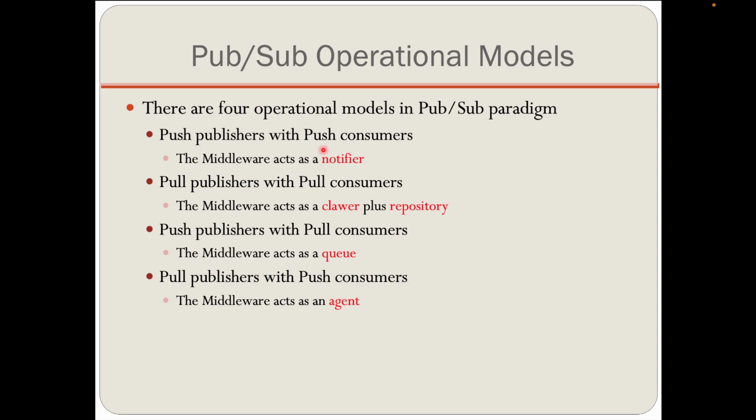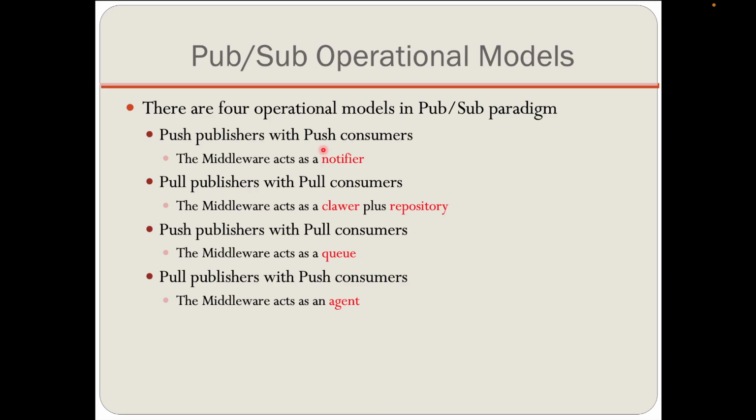Because the subscribers use the pull interface, the middleware will notify them, but only a notification. It will not send the message out. They just inform the subscribers there's something new they may be interested in. That's the subscriber's responsibility, and they can decide when they want to retrieve the information. So that's the third mode.